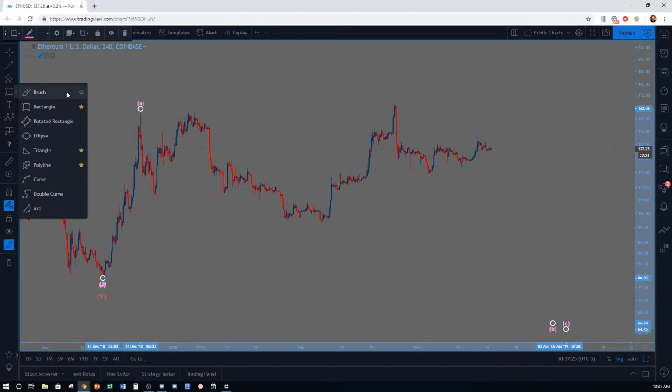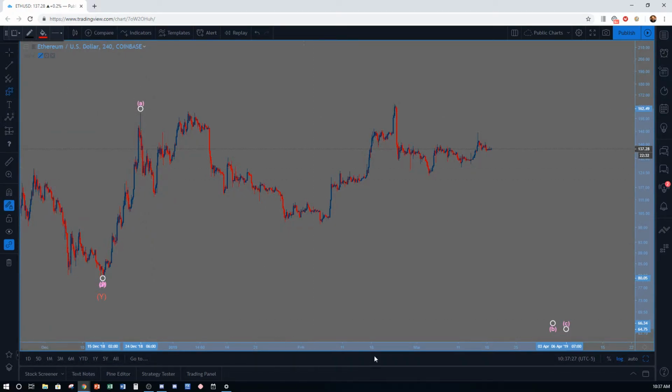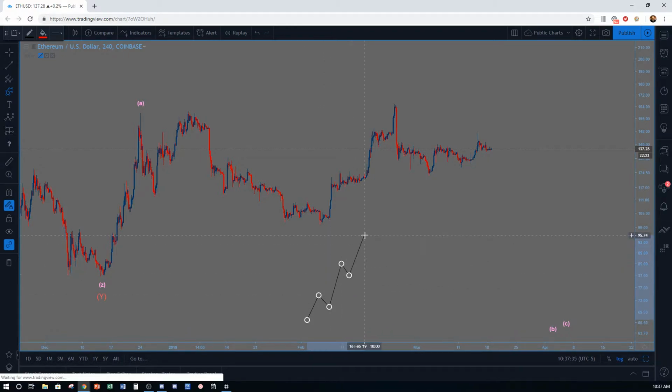So let me just show you why I counted those. It's somewhere between 11 and 13 waves. 1, 2, 3, 4, 5, 6, 7, 8, 9, 10, 11, and then the questionable 12 and 13.